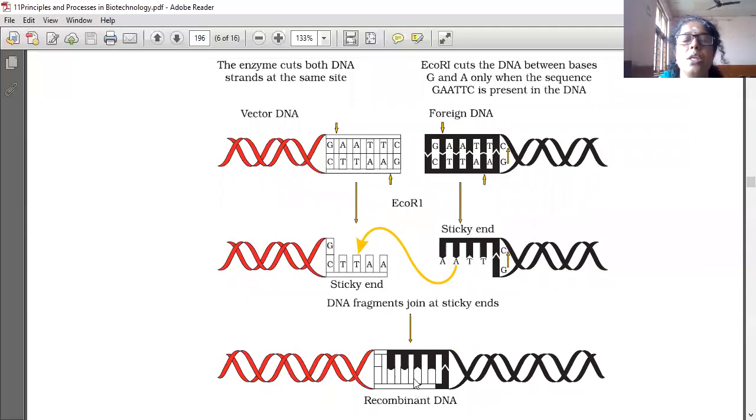Here the joining is shown, with different colors given to recognize each other. The white one is in white color and the other one is in black color. So now both of them are joined. This DNA is called a recombinant DNA.